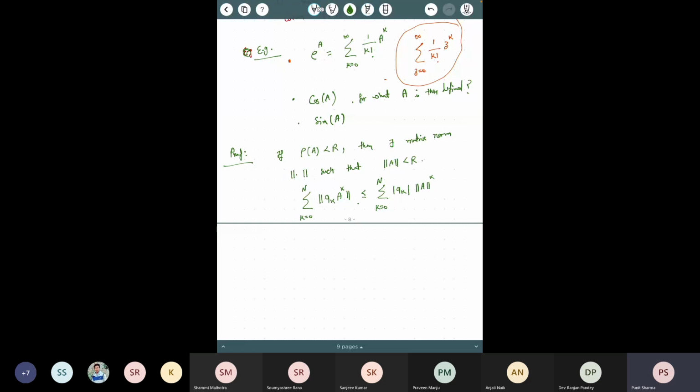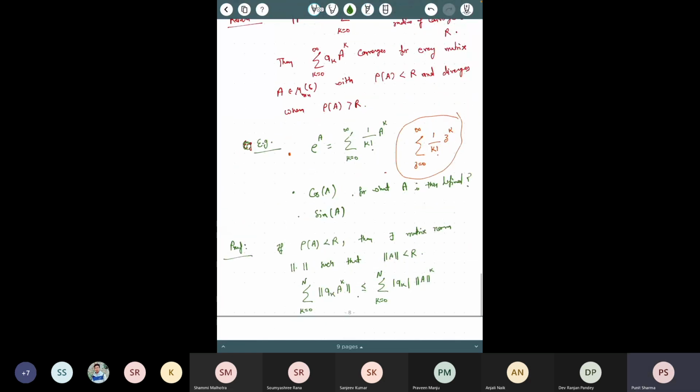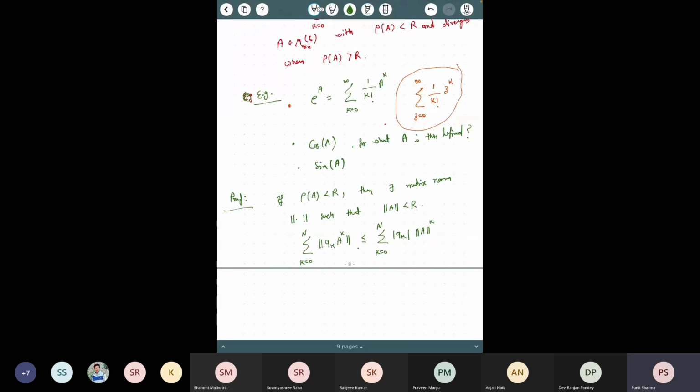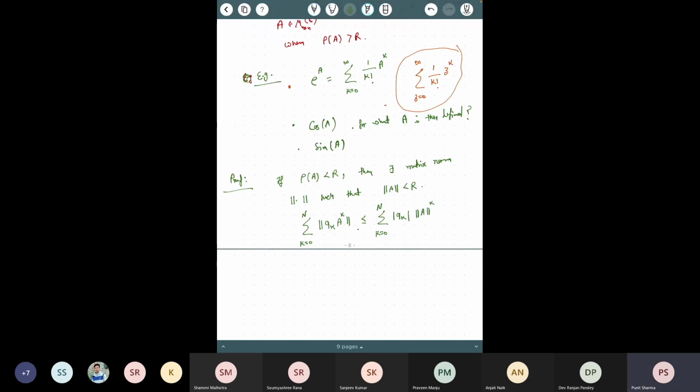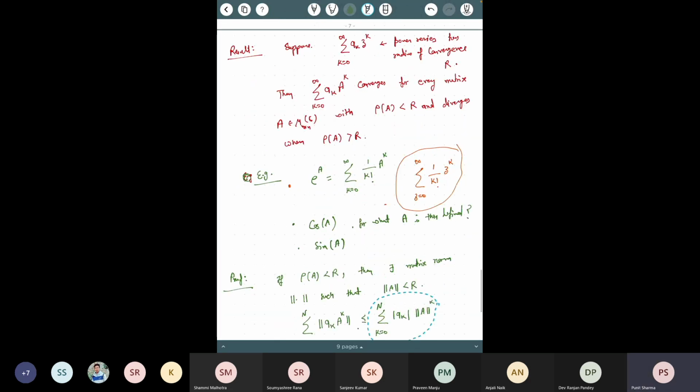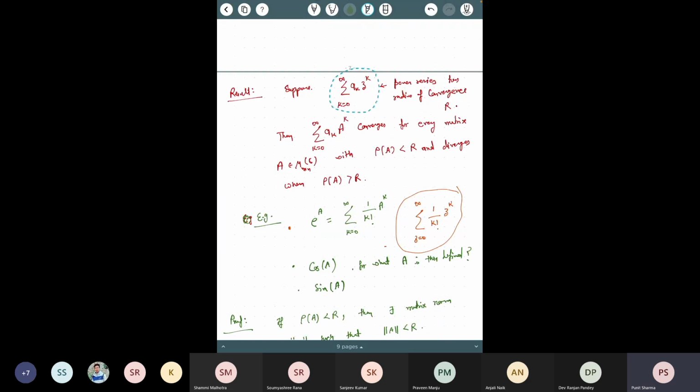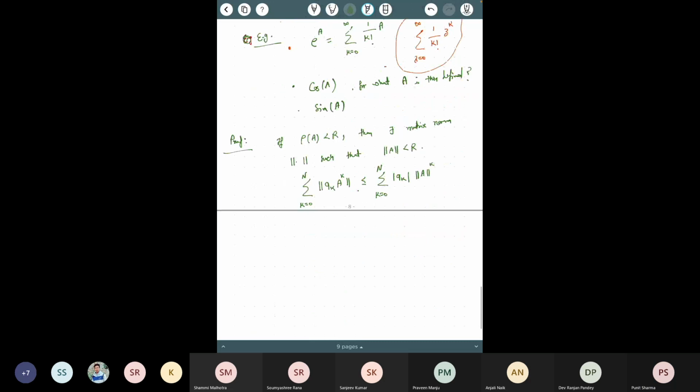But then we know that the norm of A here is less than 1. So this series converges, because of the given fact that this has radius of convergence R. This implies that this series converges, because now this is a series of scalars.